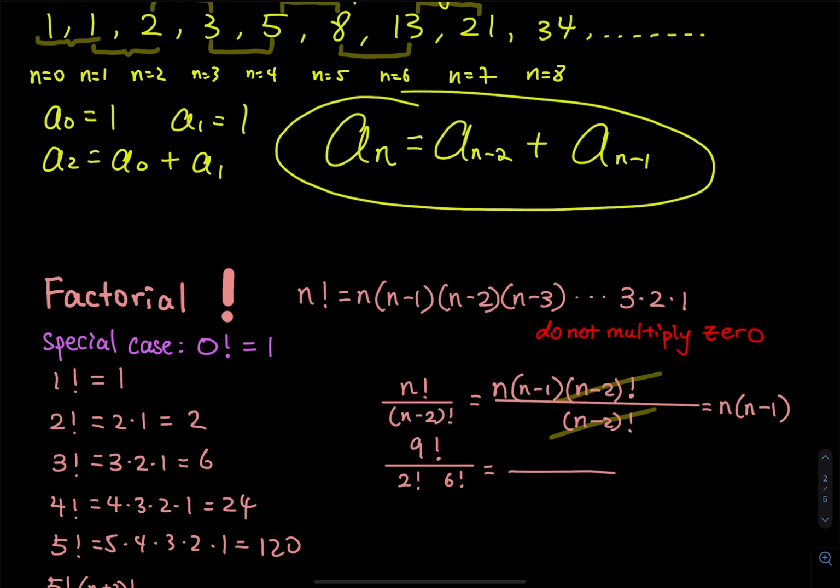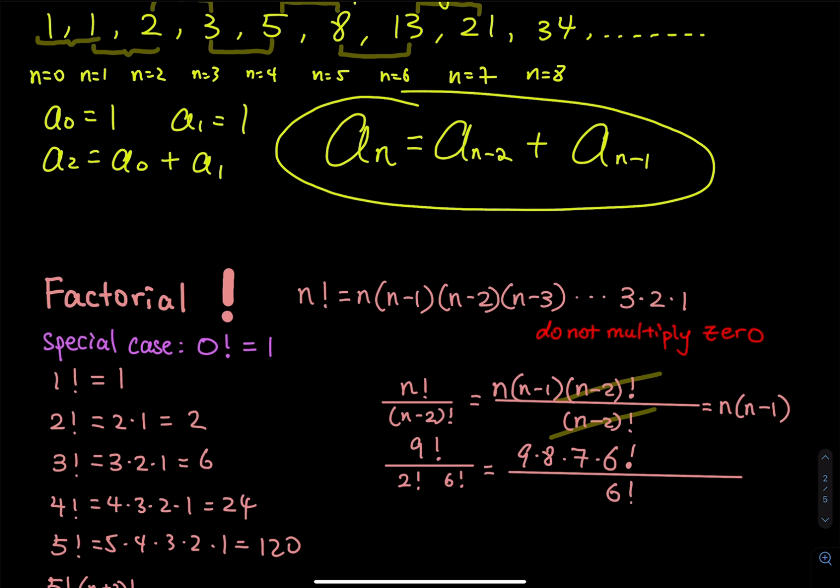For 9 factorial, here is what we can do. So this is 9, 8, 7, and then 6, 5, 4, 3, 2, 1, right? But you don't need to write all of those. You can just go back to 6 and then stop at 6, replace with 6 factorial, because we are dividing by 6 factorial.